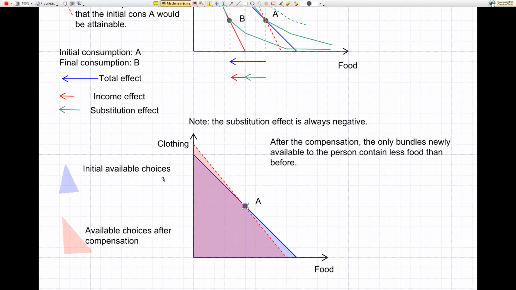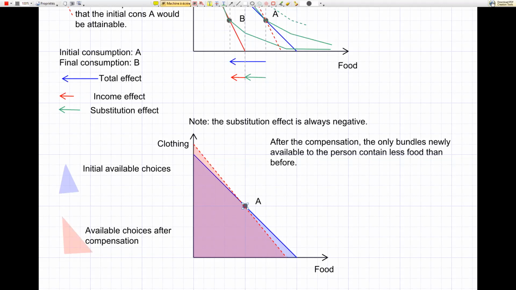The only ones that are newly available are these ones there, the ones that only contain red, that became newly available after we have compensated the person. So the most I could consume in food is to stay at A exactly. If I stay at A, I consume the same quantity of food, but it's perfectly reasonable to imagine that the person is actually going to consume somewhere on this red dotted line that contains less food than before.